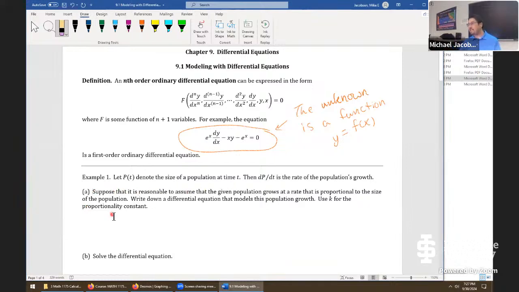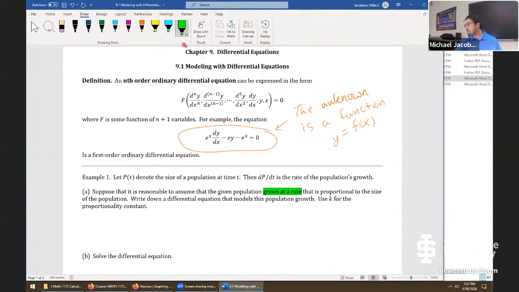Suppose it is a reasonable assumption to assume that the given population grows at a rate that is proportional to the size of the population. Well, that's a lot being said just in this one sentence. So let's break it down. It says, assume the given population, that's referring to P of t, grows at a rate, that's referring to the derivative.